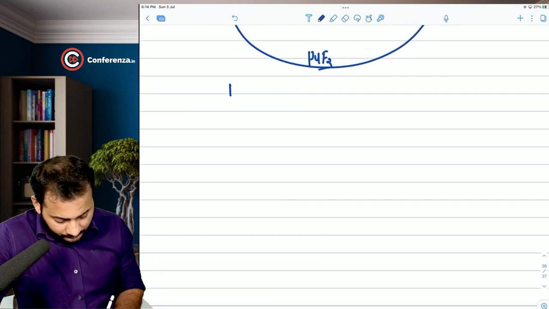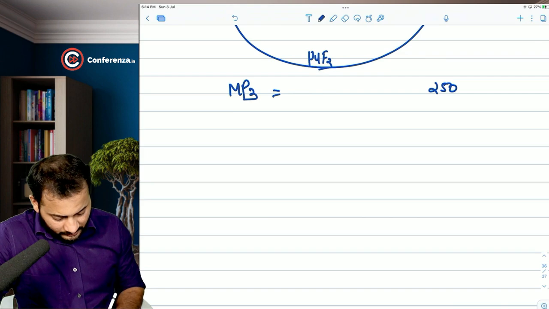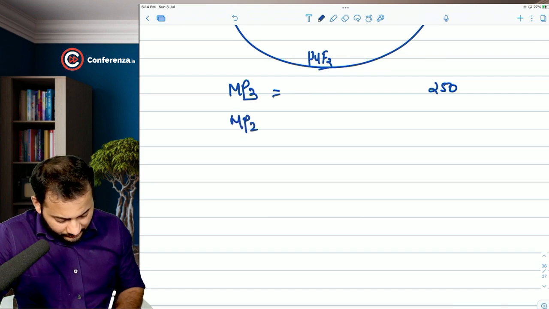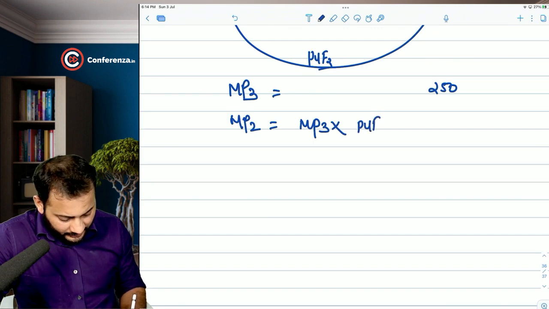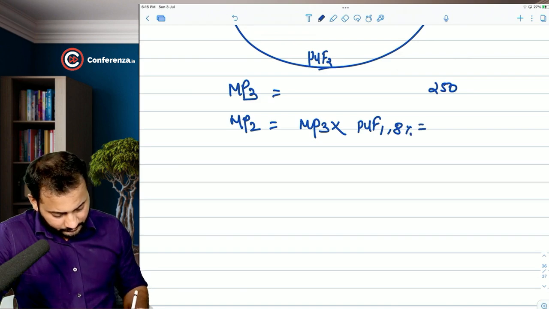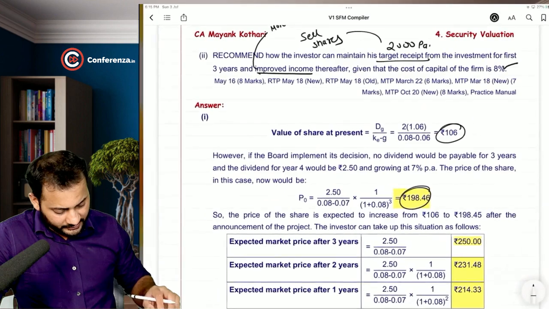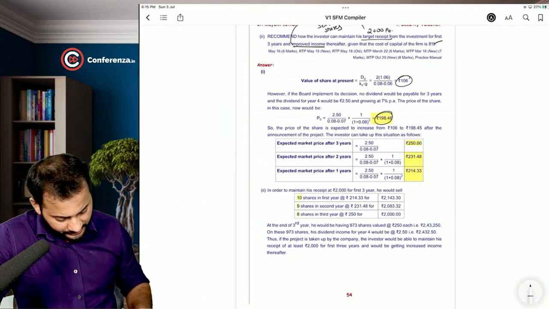So market price at the end of third year is 250. Market price at the end of second year is MP3 into present value factor for first year at 8%, which is 250 into, what is the present value factor given to us in this question?